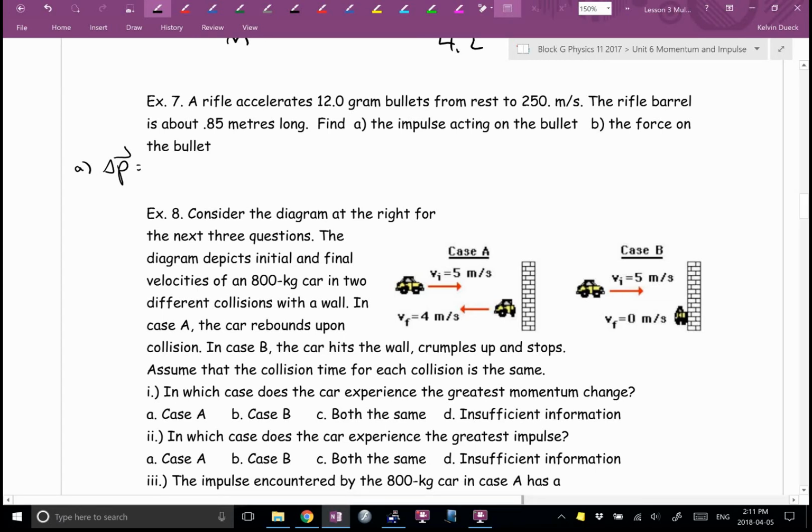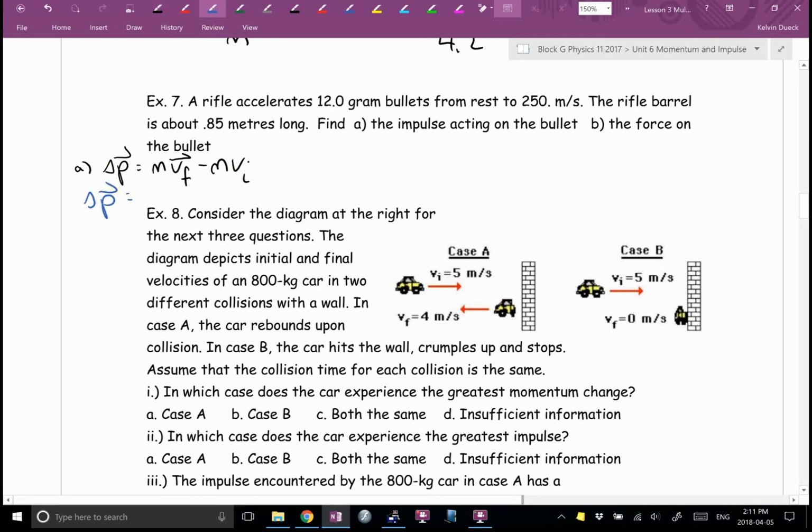What's my final velocity, Chantal? What's my initial? Oh, okay, I'll go with that. So I'm going to write down m v final minus m v initial, and right underneath here, because I didn't leave you much room, I'm going to plug and chug.